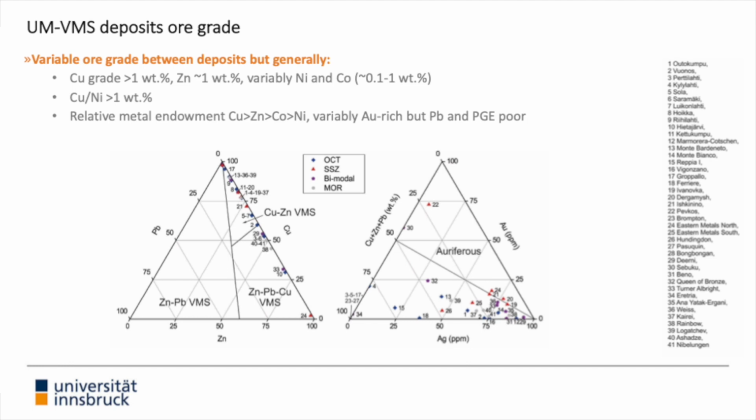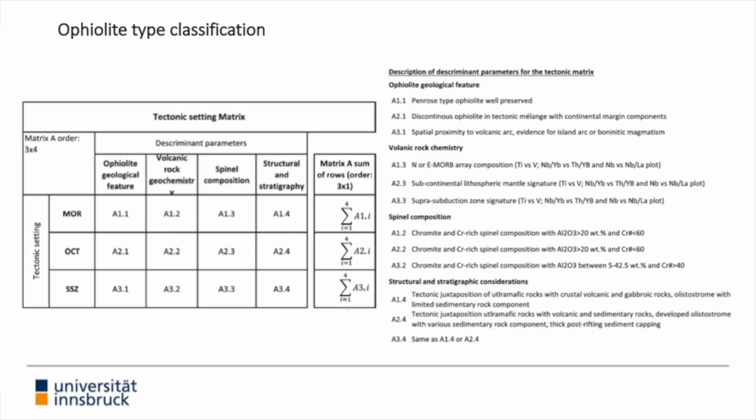It's not systematic. They're not really gold rich, but they have a bit of gold enrichment, which you can see in the bottom right ternary diagram. And also what's important is that they are really PGE poor and lead poor. This is very useful, especially the PGE, to make the difference with the magmatic sulfide deposits.